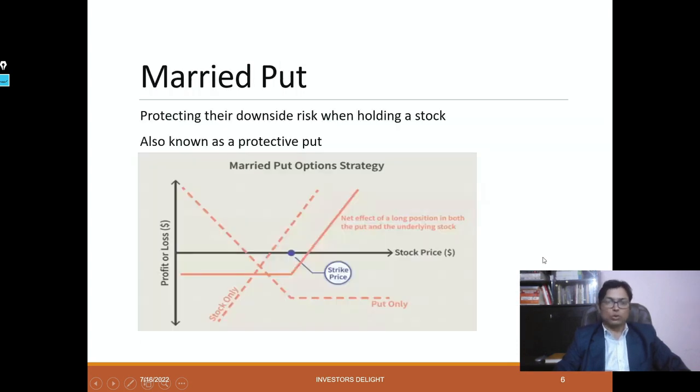So let's come to the next one, the married put. In the married put we see there is a strike price we have identified. It protects the downside risk when holding a stock. So it is used when we are holding a stock and we want to protect the downside risk.